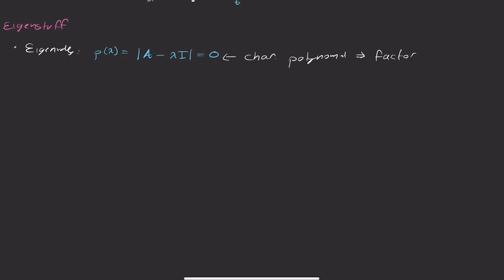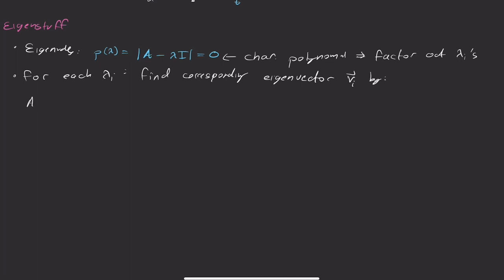What you can do is factor out all your eigenvalues, which I'll denote as lambda sub i. For each eigenvalue that you find, so for each lambda i, you can find your corresponding eigenvector v sub i using the following equation: A minus lambda i times the identity matrix I, times that vector v sub i, is equal to 0.